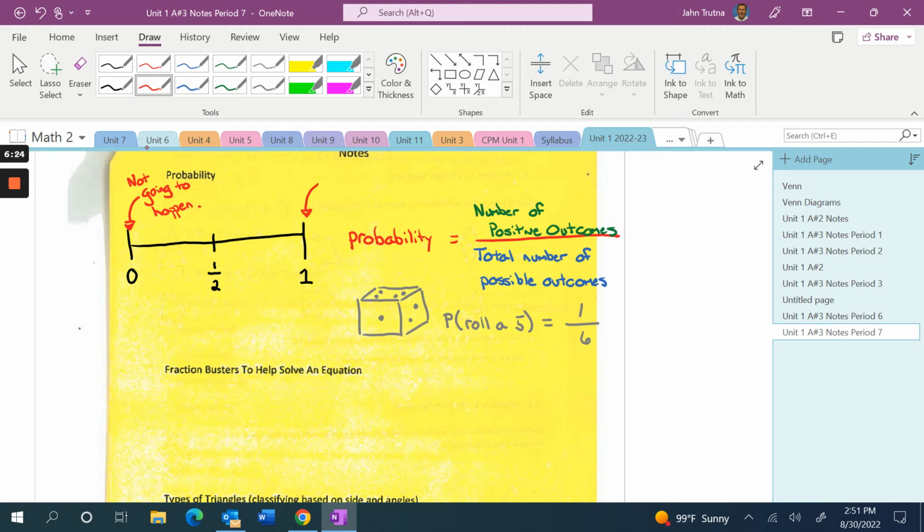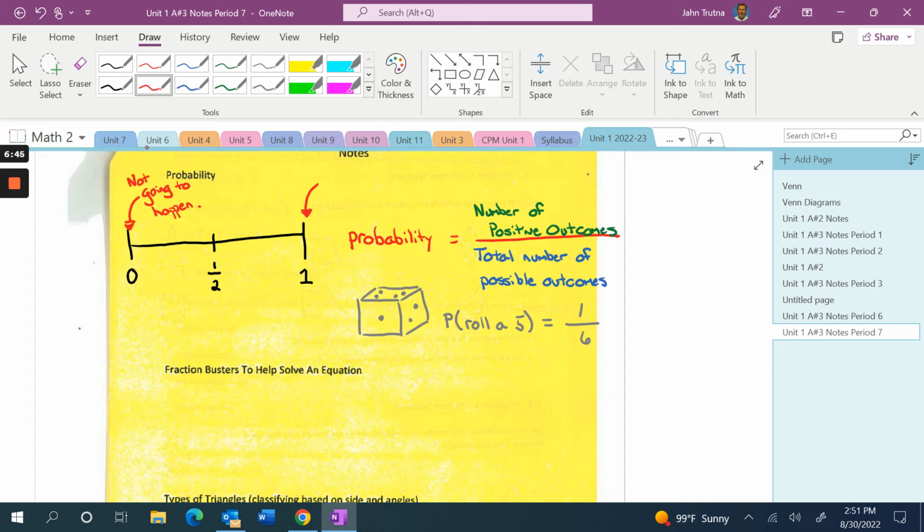If I told you that tonight, the probability of me dyeing my beard purple is 1, what am I telling you? It doesn't mean I'm probably going to do it, or does it mean it's going to happen? It's going to happen.